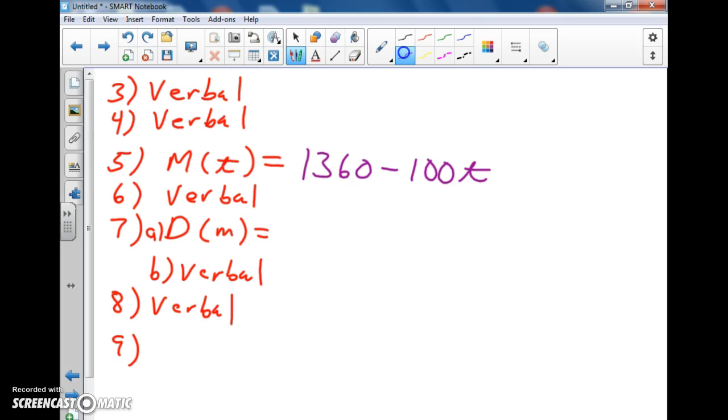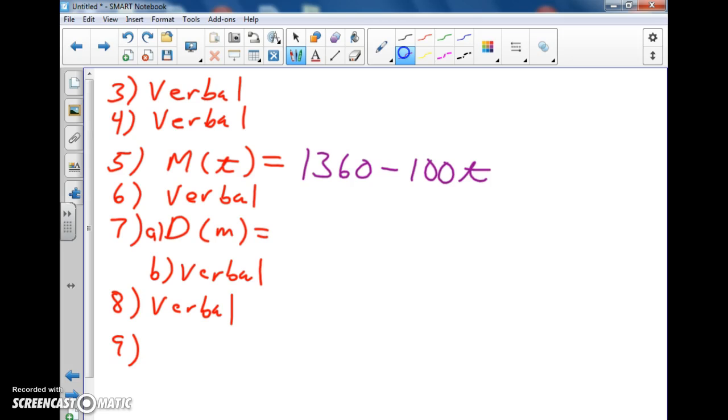So what does negative 100 represent in mathematical terminology? It's the slope of the line, right? Or it's the rate of change. Okay, negative 100 represents the slope of the line or the rate of change.